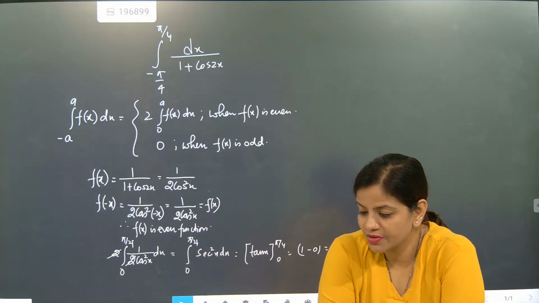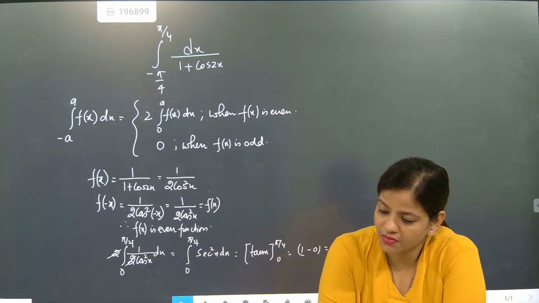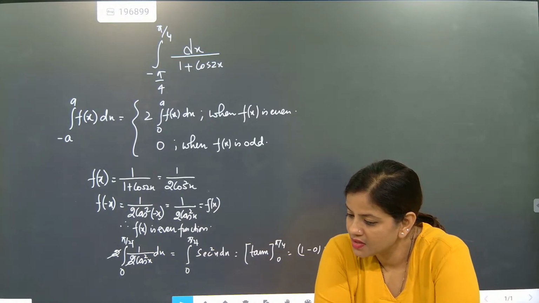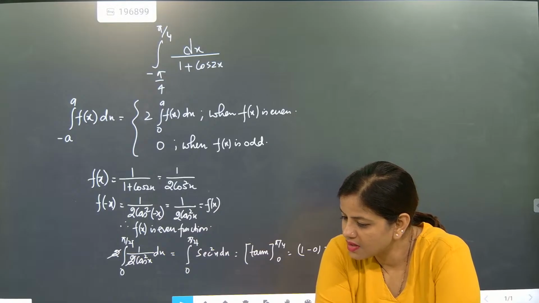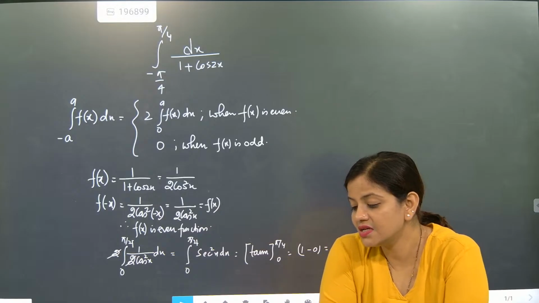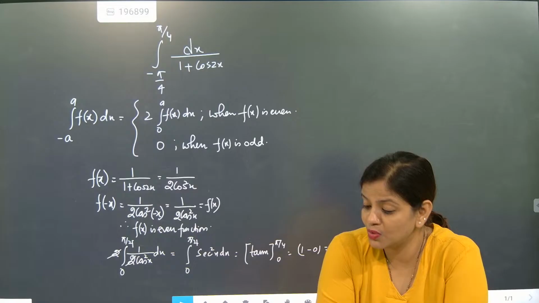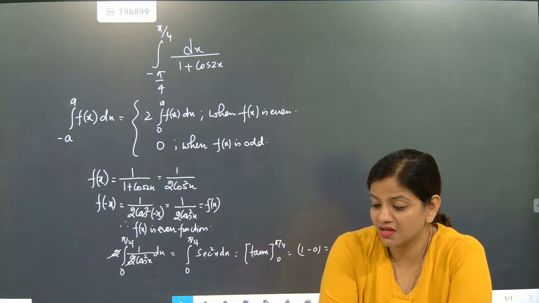That mistake came because here secant square x will come, not x by 2. That's the mistake you have made there.